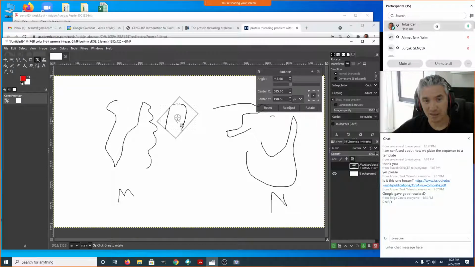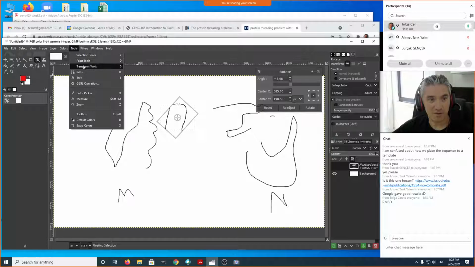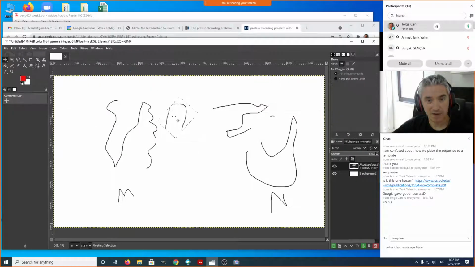Maybe if you rotate it like this and then move, you'll see that it will fit better. So if I do it like this, are they going to be exactly the same? No, there are some differences. Actually finding the matching part first is a difficult problem. Are you going to match this part to this or that part to that? So finding the matches is the difficult part in the structural alignment problem.